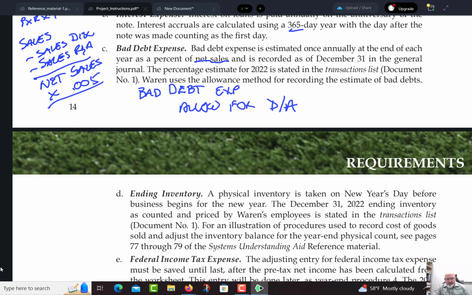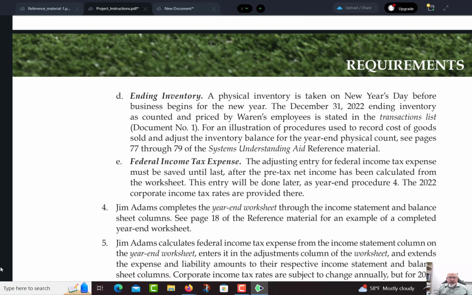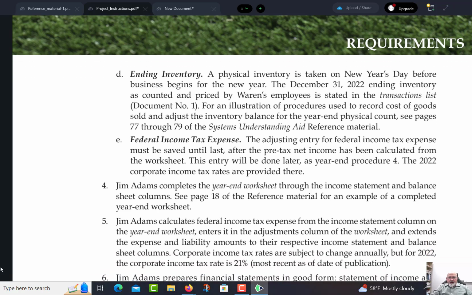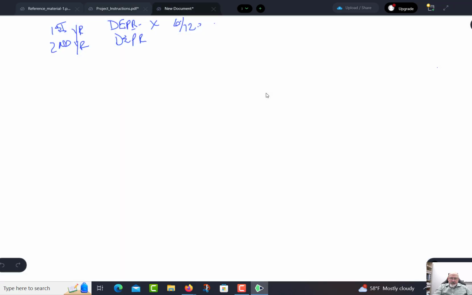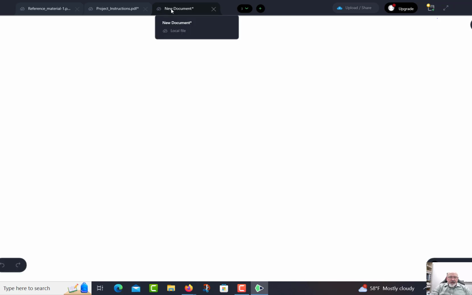Ending inventory. This is the one that concerns me the most with this project, simply because when we look at the year-end inventory, we're dealing with a periodic inventory, and this is different from what we've done in class before. In most of our classes, we work with a perpetual inventory system, but in this case we have a periodic system.